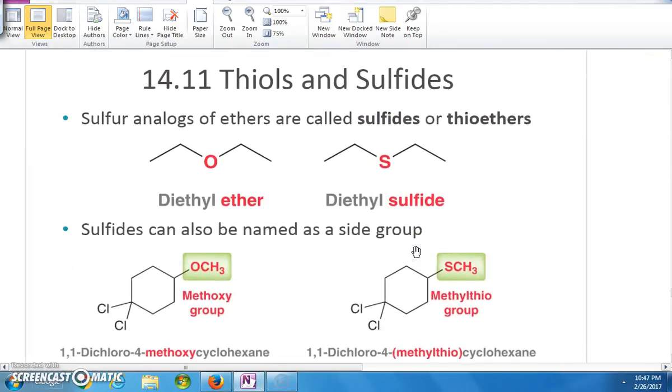Now, sulfur analogs of ethers are called sulfides or thioethers. So remember, this is diethyl ether. All you need to do is replace the oxygen with sulfur. So this will be diethyl sulfide.